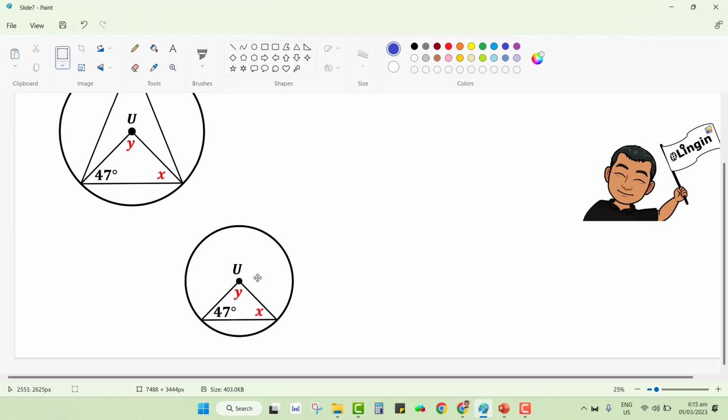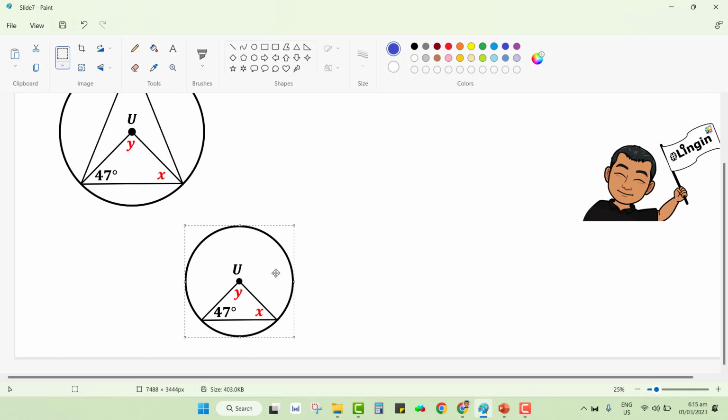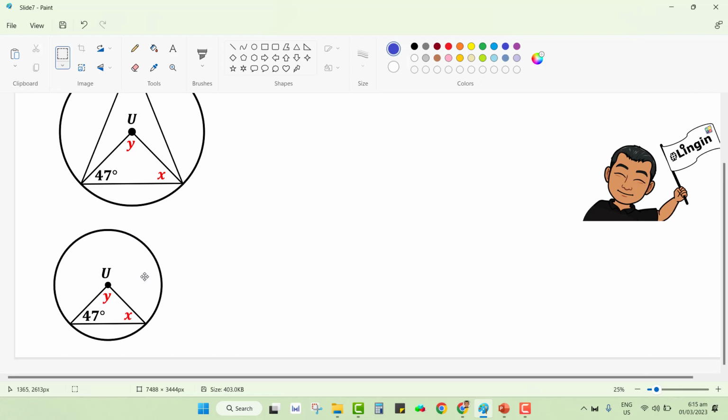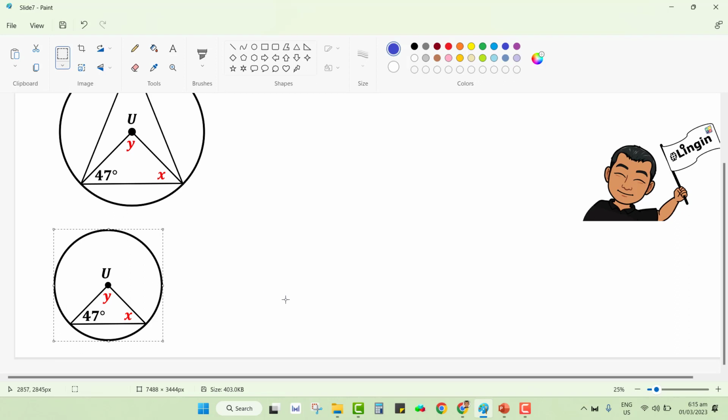This is similar to the given here, but I'm making it a little bit smaller so that we're just going to use this for analysis. Without the chords that make up inscribed angle Z, this would be our figure. You can see again that we have here a triangle combining the interior angles Y, X, and an angle which measures 47 degrees.